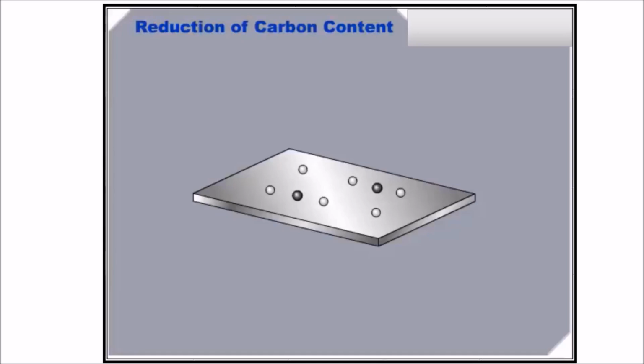The standard grades contain up to 0.08% carbon. By reducing the carbon content in the alloy, less carbon is available to combine with the chromium, and sensitization is reduced during welding.